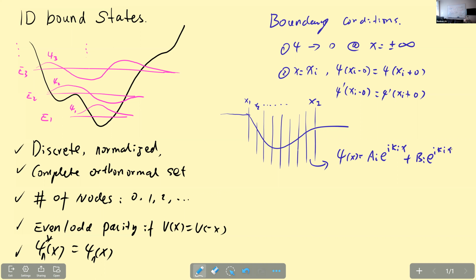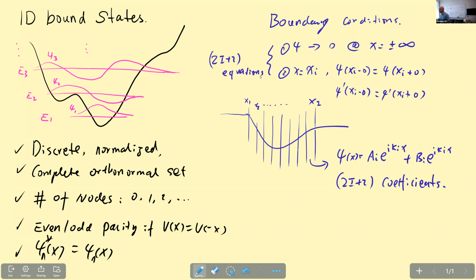So you have 2I plus 2 coefficients, but this gives us 2I plus 2 equations.